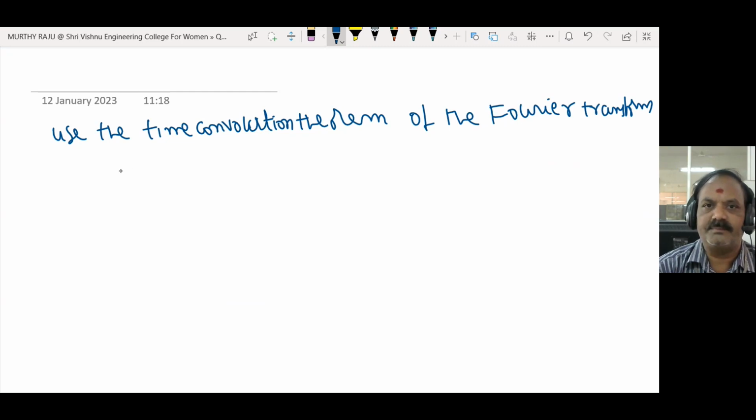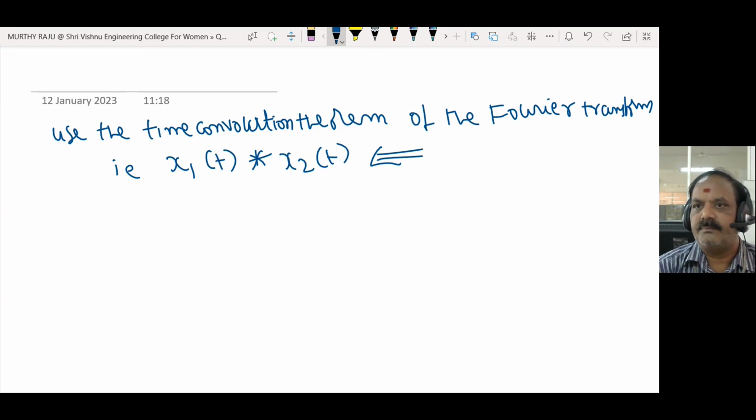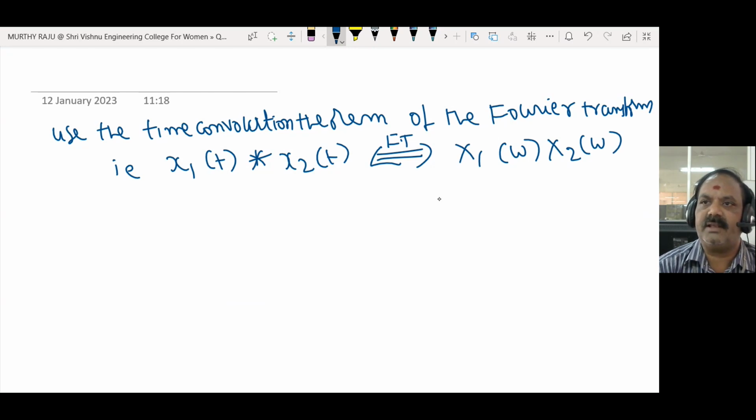That is, if x1 of t convolved with x2 of t has Fourier transform X1 of omega times X2 of omega. This is the convolution theorem. Use this theorem.